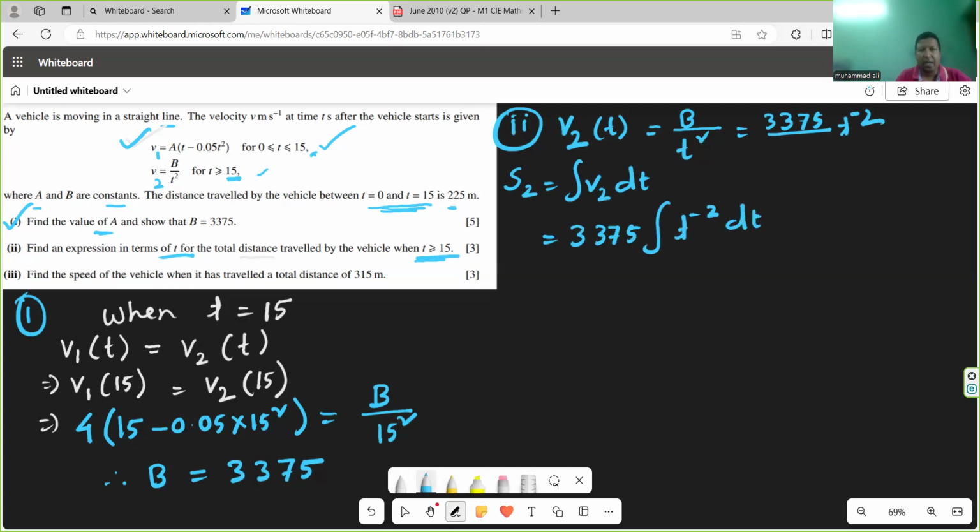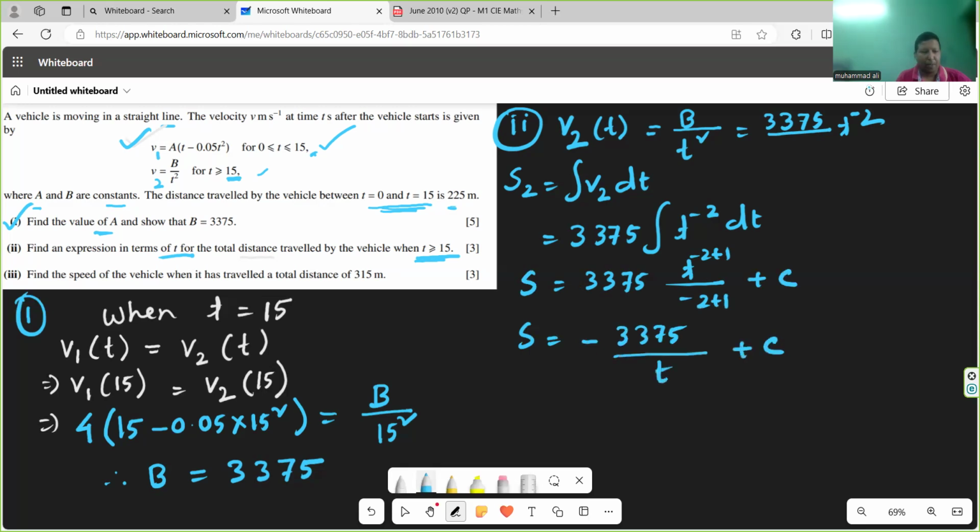So we'll get 3375 times t to the power minus 2 plus 1, over minus 2 plus 1, plus c. So s equals minus 3375 t to the power minus 1, meaning 1 by t, plus c.